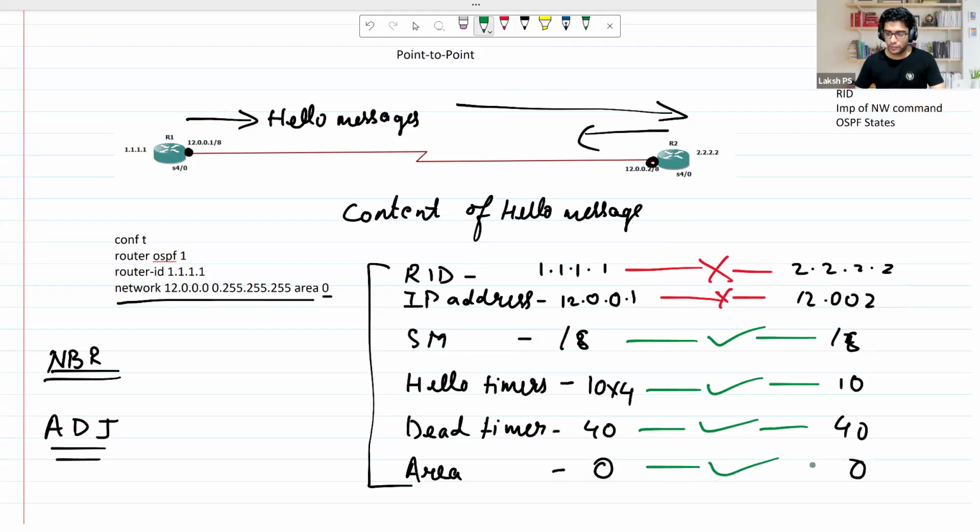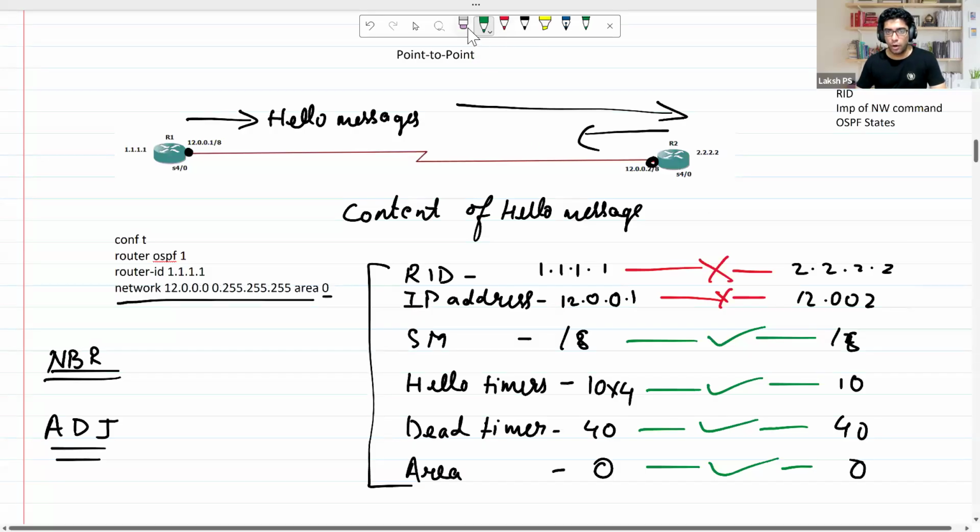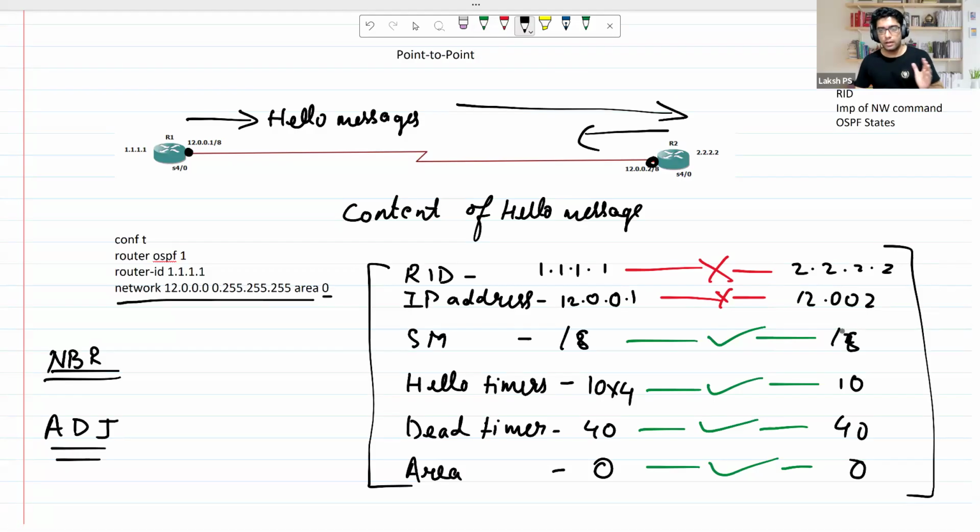And the area should be the same, in order for the two routers to understand each other's hello messages. If these conditions do not agree, let's say both routers have the same router ID, the hello message will fail. If the subnet mask is not the same, the hello message will fail. If the timers or the area are different, the hello message will fail.